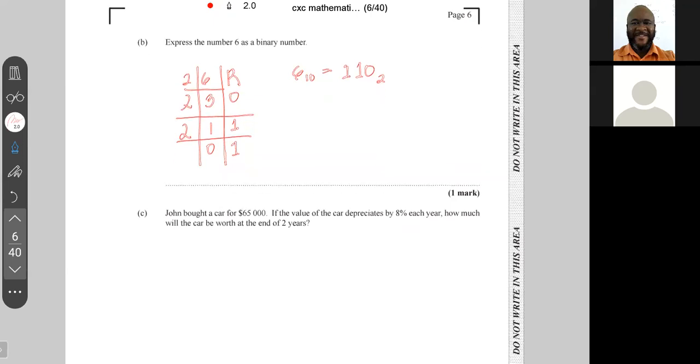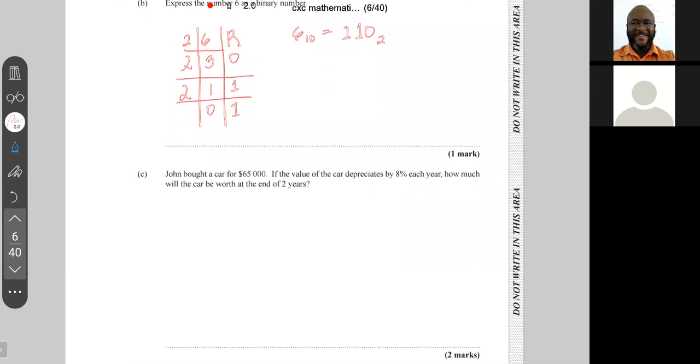Question number 1C, this says, John bought a car for $65,000. If the value of the car depreciates by 8% each year, how much will the car be worth at the end of 2 years? Now, this is depreciation, and here's how depreciation works.